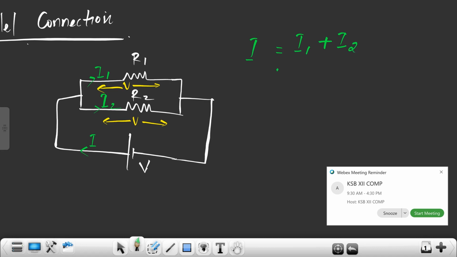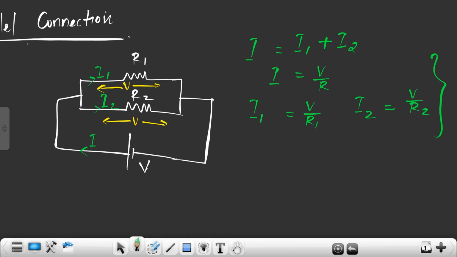By Ohm's law, we know I is equal to V by R. For I1, what can we write? The potential difference V is the same for both the resistors, so V by the first resistor R1. Then what is I2? It is V by R2.